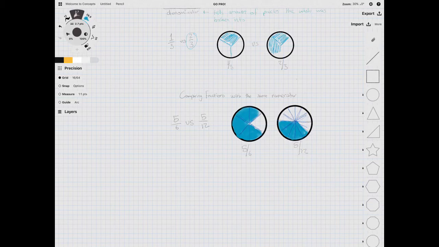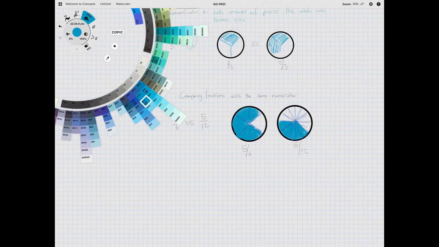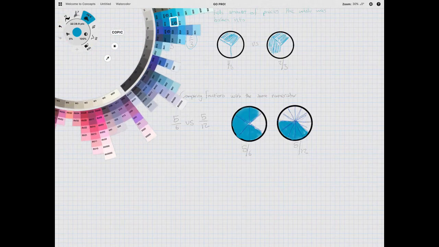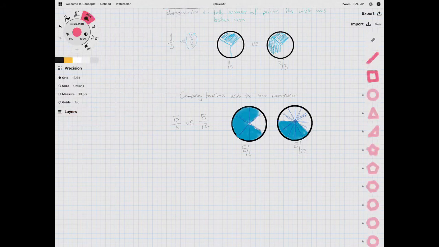We're just 1/6 away. But if we take 5/12, you can see that it doesn't even make it to halfway. Half would be this half over here, and you can see that it's still missing a 12th before it even becomes half. So which one of these fractions is bigger?